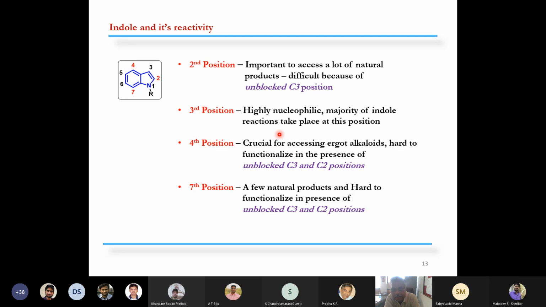That is what you are saying, right? Right, sir. But in all your synthesis, you are using the third position with a directing group. You have already blocked the third position with a directing group, right? So that means in your case also it is a kind of blocked position at the C3 to activate the C4. Am I right?